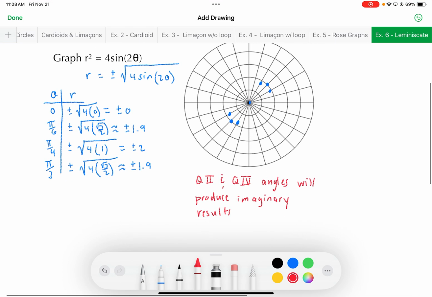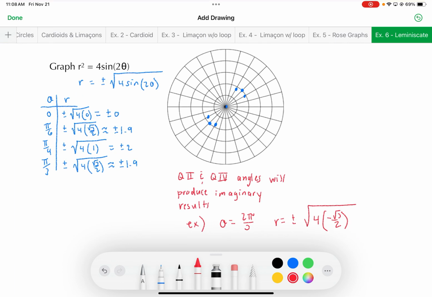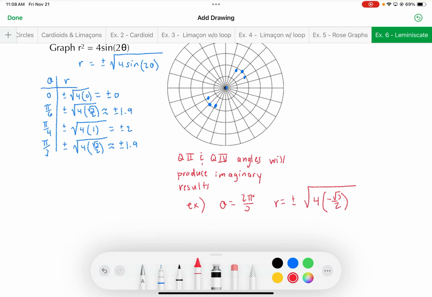For example, if I try to use the second quadrant angle of 2 pi over 3, that's going to make r equal plus or minus the square root of 4 times sine of 2 times 2 pi over 3. Well, that's 4 pi over 3. Sine of 4 pi over 3 is negative radical 3 over 2. And what's going to happen there is you're going to take the square root of a negative, right? So you will not get any points from second and fourth quadrant angles.